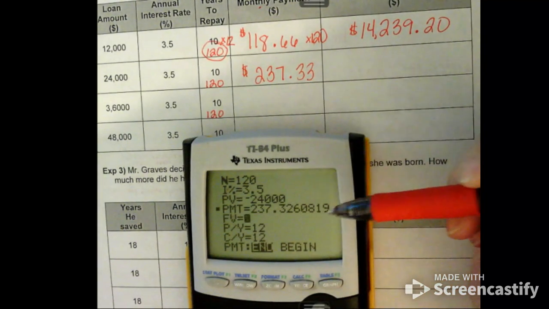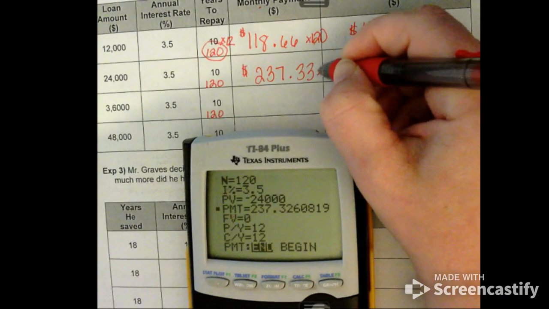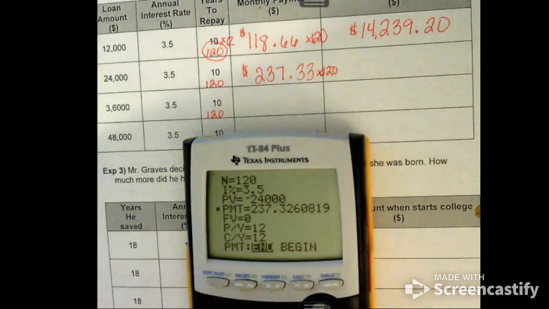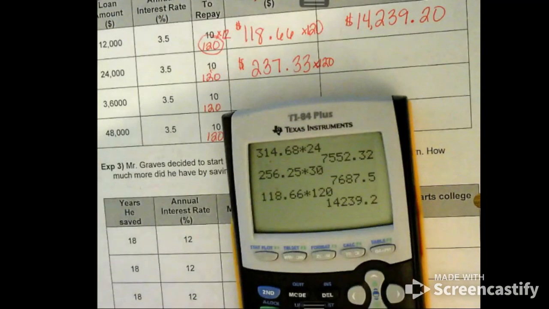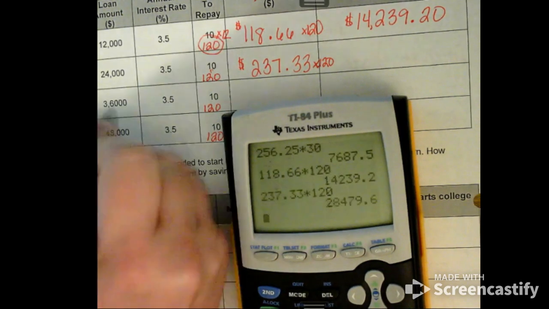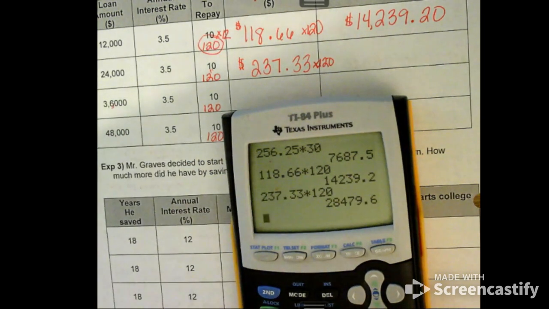Okay, what would I multiply that by? It's still 120. The years stayed the same. So I get out of my screen, and multiply. What is it, 36,000? That should be 36,000. Yes, it should be 36,000.